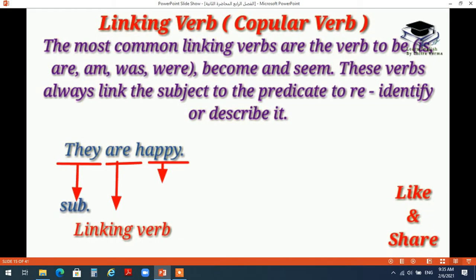These verbs always link the subject to the predicate to re-identify or describe it. إذن وظيفة هذه الأفعال كما قلنا تربط ما بين فاعل الجملة وما بين الكومبلمنت أو الادفيربيال، ووظيفة هذه الأفعال إنه تعطي some description إلى فاعل تلك الجملة.